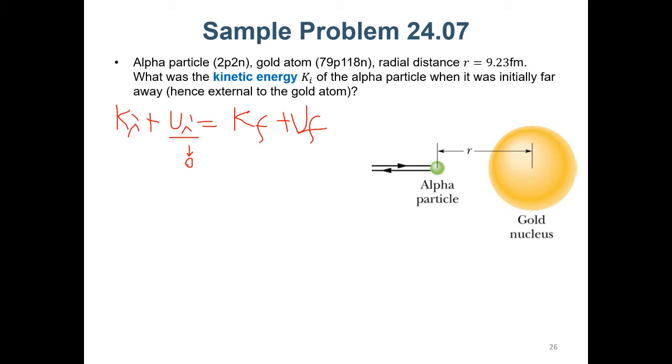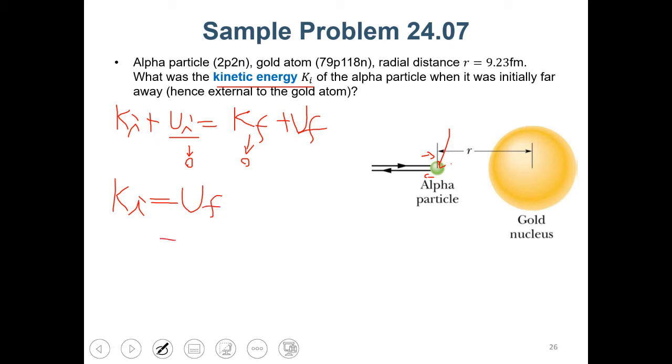And for the final state, kinetic energy should be zero, because when they come very close to each other, the alpha particle stops and then tries to go back. At this moment the velocity is zero, so the kinetic energy is also zero. So we have Ki, the initial kinetic energy, which is what we want to find, equals Uf.